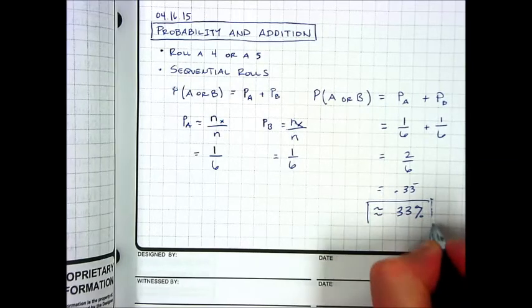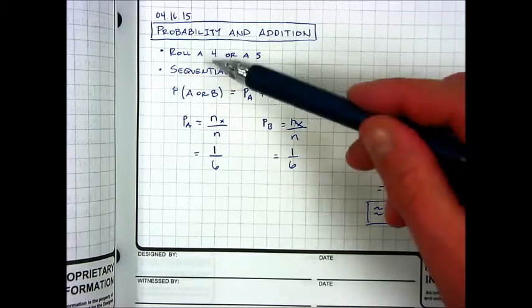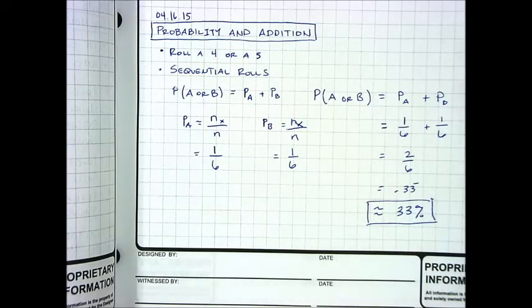So you have a 33% chance of rolling a die and getting a 4 or a 5. And we've shown that with probability and addition.